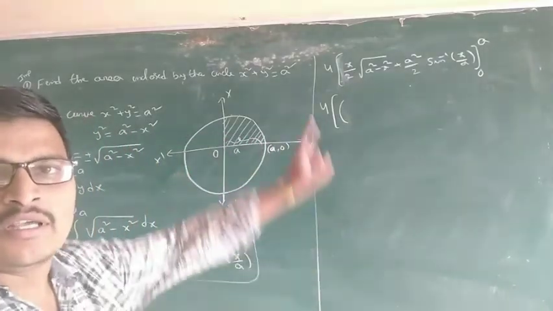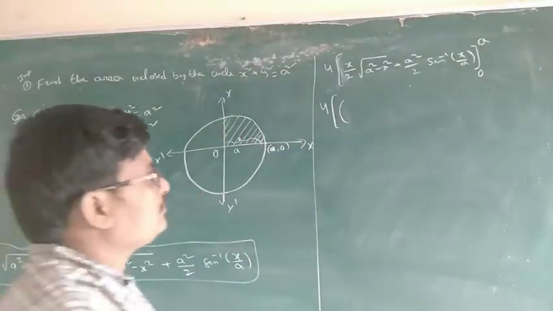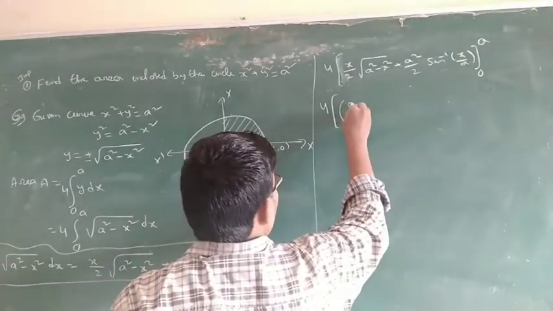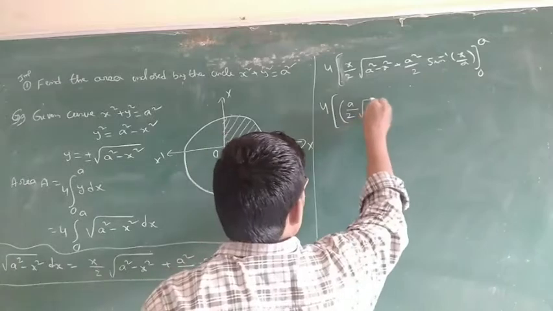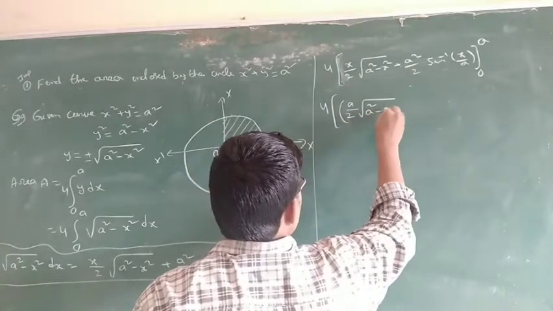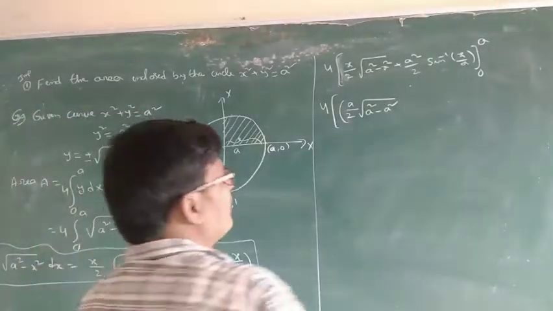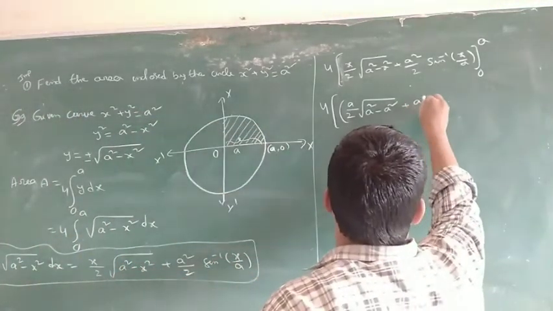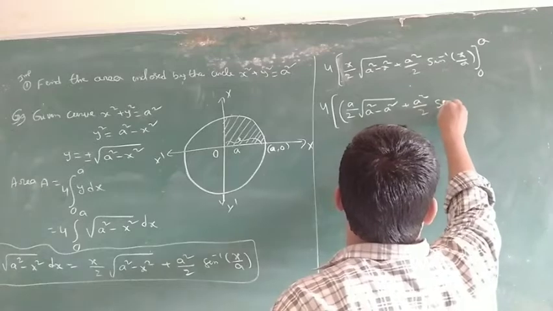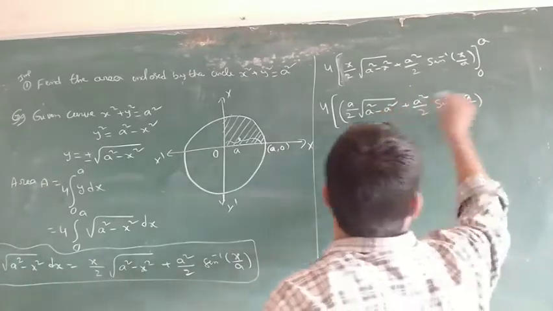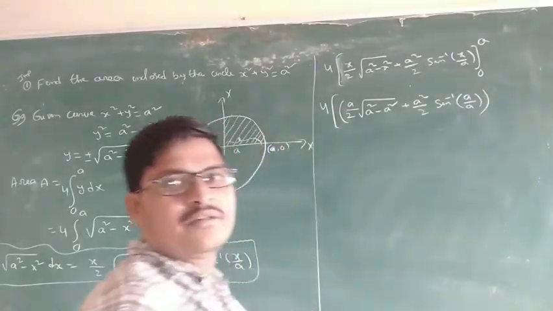First apply the upper limit. So a by 2 into root of a square minus a square, because x is equal to a, plus a square by 2 into sin inverse a by a, because x equals a.